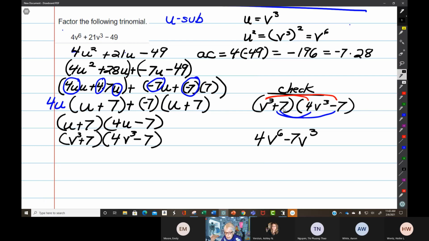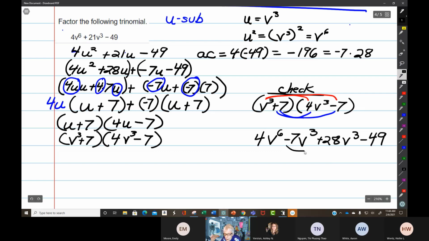Plus 7 times 4v to the third is plus 28v to the third. And 7 times negative 7 is minus 49.